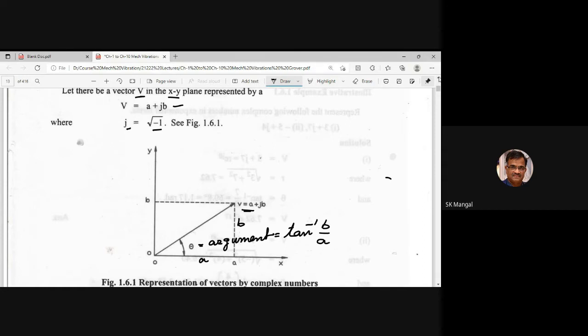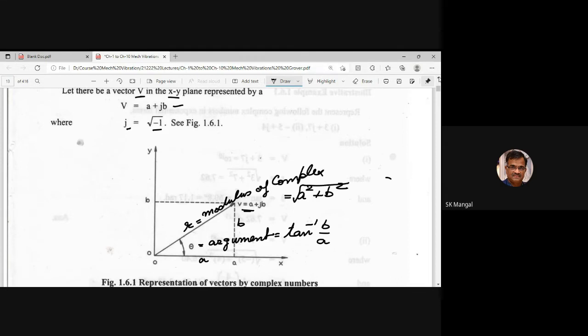Similarly, this vector OV can be represented by r here, and this r is nothing but the modulus of the complex vector, and it is equal to the square root of a square plus b square.